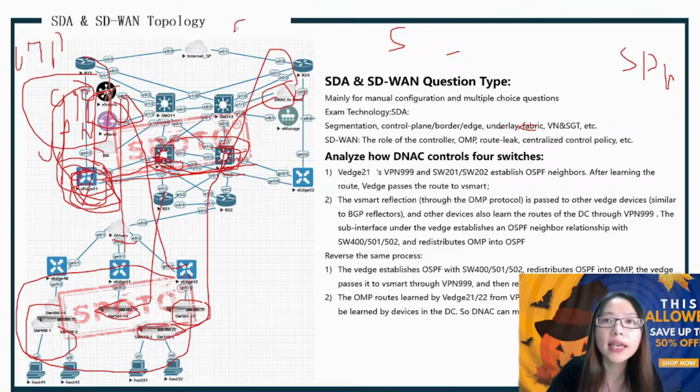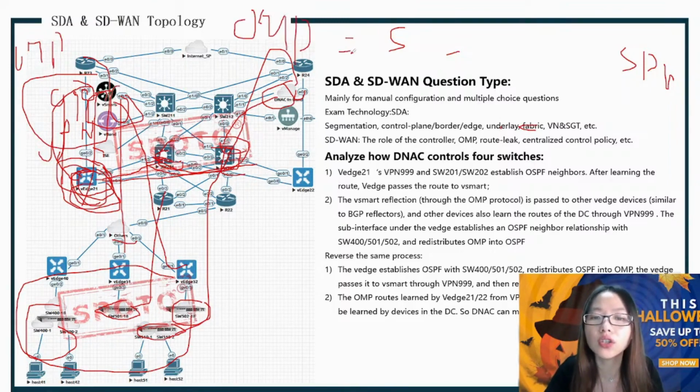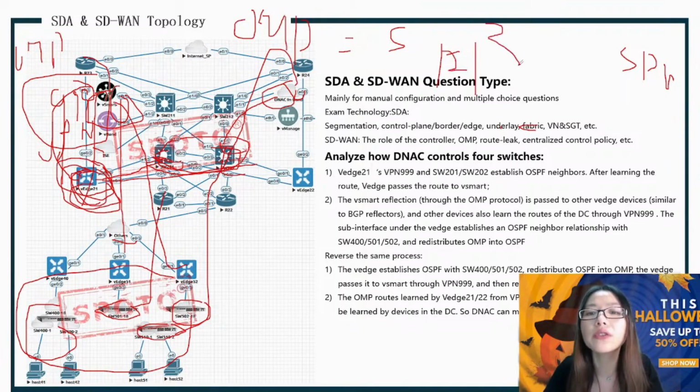This OMP is similar to a BGP route reflector, RR. So the other devices can learn the route of the DC through VPN 999.